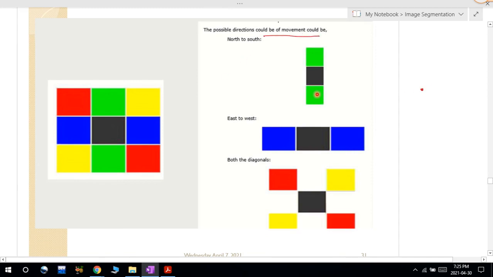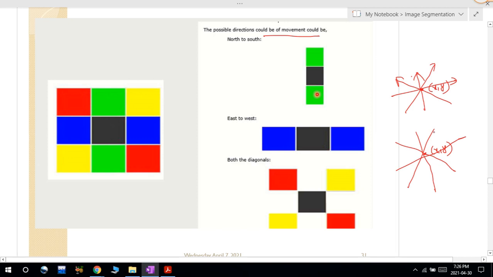For whatever point is there, I assume the neighbors in all the possible directions: north to south, east to west, and the diagonal directions, so four directions. I consider all the neighbors in the four directions and find whether the edge is there in that particular direction.